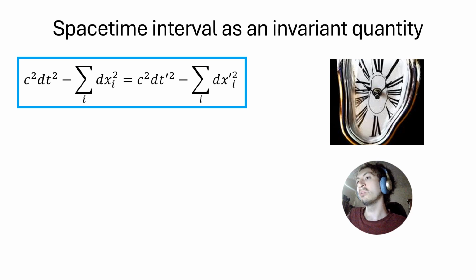So on both sides of this equation we have a space-time interval. On the left-hand side, where we don't have any primes, we have the space-time interval according to a stationary observer, like the man, and on our right-hand side we have the space-time interval according to a moving observer.